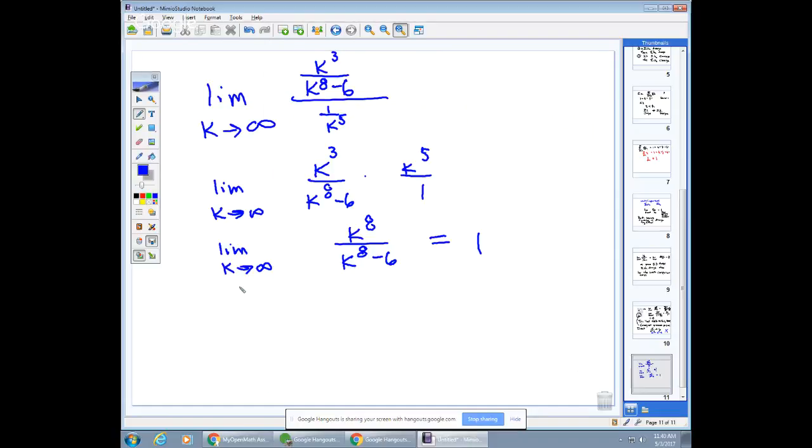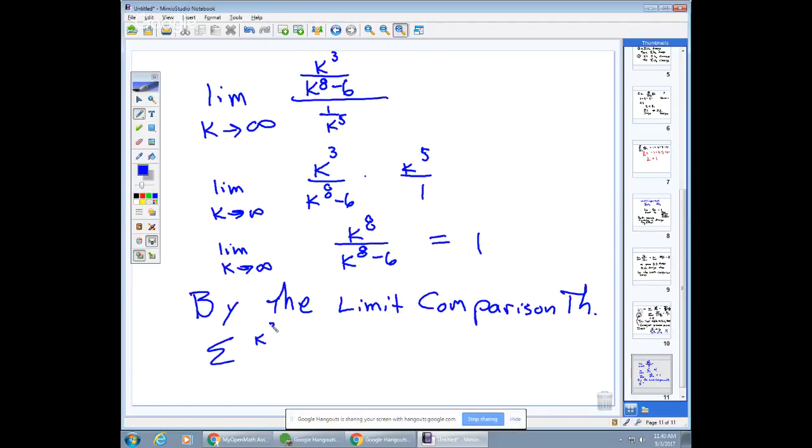And so by the limit comparison theorem, since the denominator series converges, the numerator series must converge also. Okay. So I state something like that at the end.